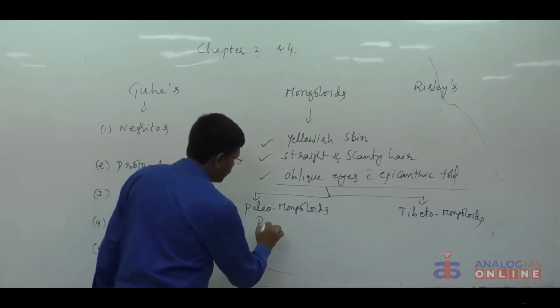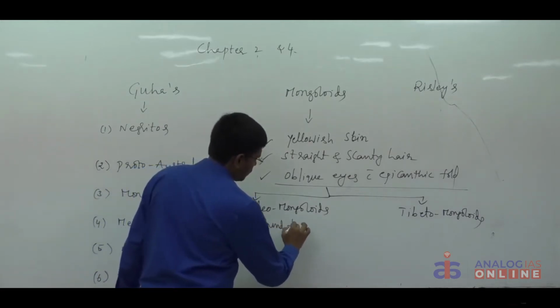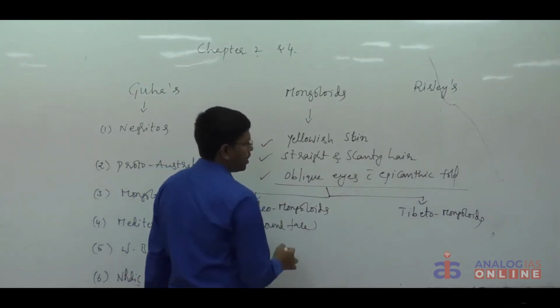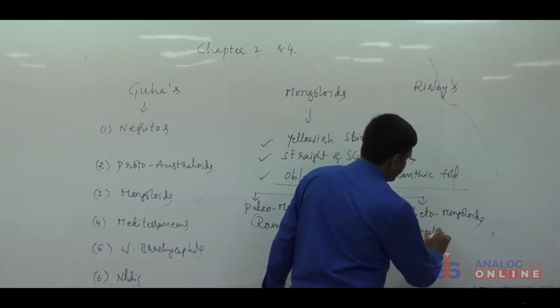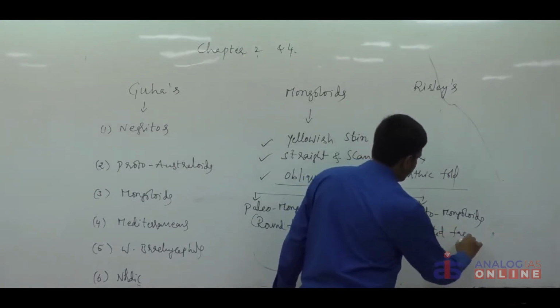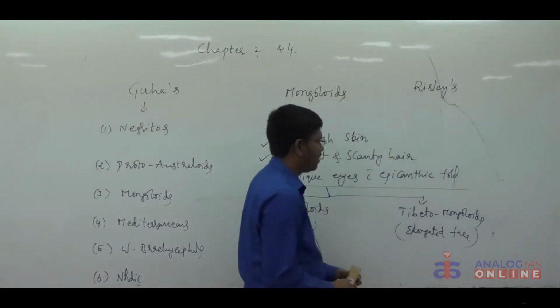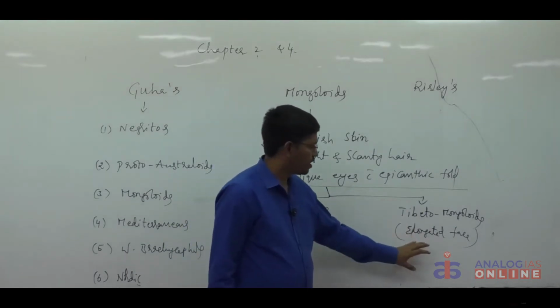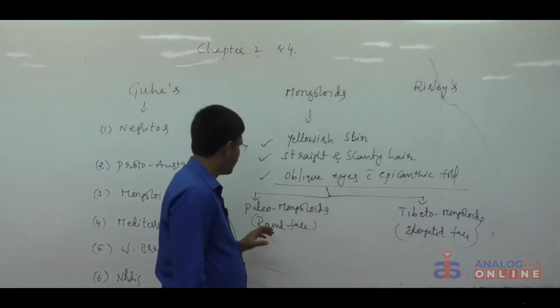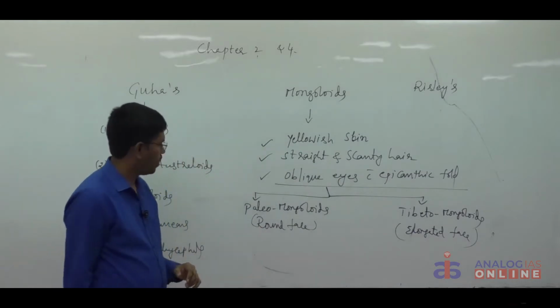Paleo-Mongoloids have a round face. Tibeto-Mongoloids have elongated face. You can remember like this, T for tall. Tibeto-Mongoloids have elongated face, whereas Paleo-Mongoloids have a round face.